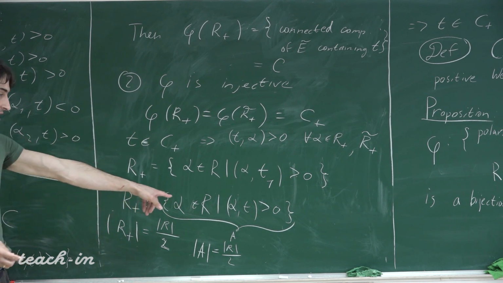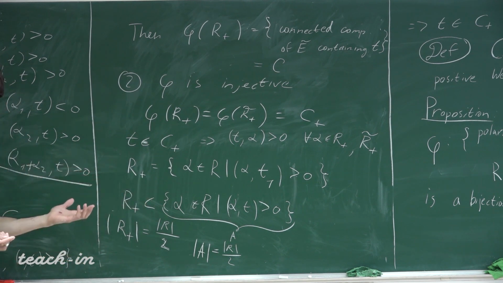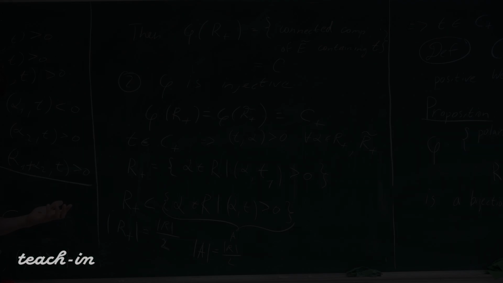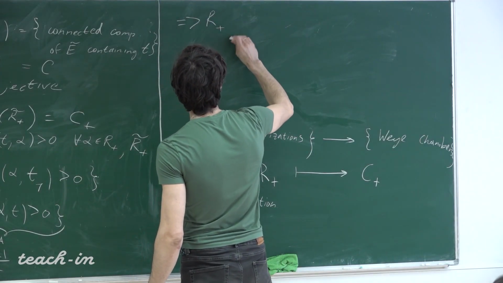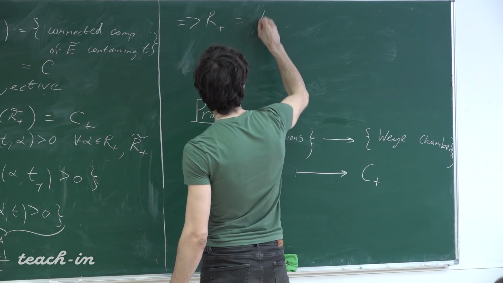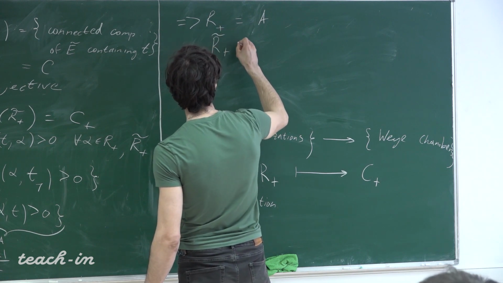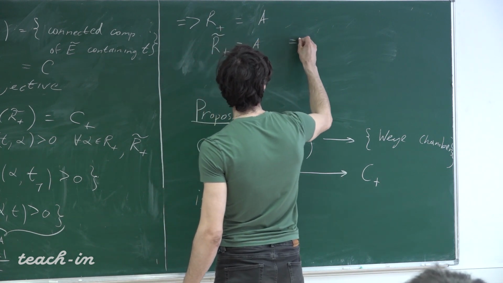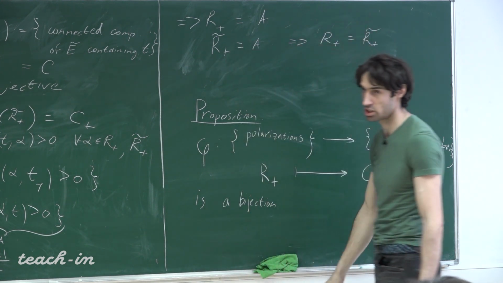So therefore R plus is exactly this, and the same can be said about R plus tilde. So both R plus is this set A, and similarly R plus tilde is the set A, so therefore R plus is R plus tilde. So injectivity is proved.